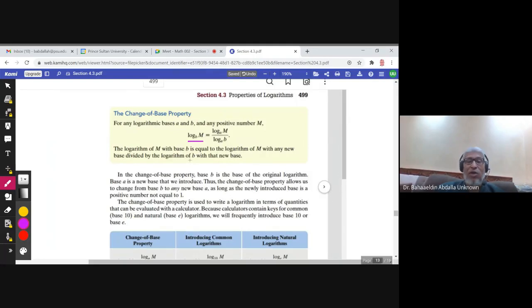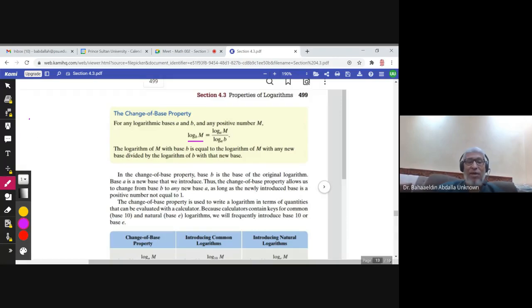So the old base is b, and the new base is a. How do we change from b to a? We write log base b of m equals log over log. The new base is a, so we write a as the base, up and down. And then we write m up, b down. So we will have log of m over log of b, to the new base, which is a.